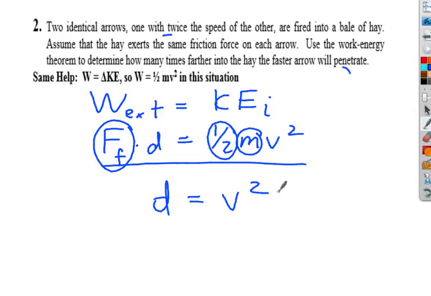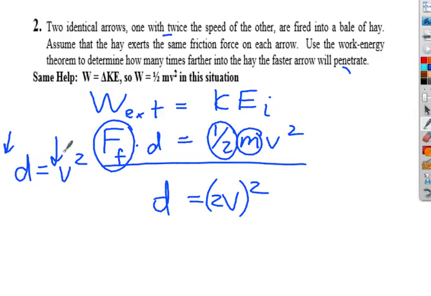Distance will equal velocity squared. If I double the speed, I do that before I square it. I want my formula to go back and look like this. The coefficient in front of both of them is 1, so they have to have the same coefficient after the problem.